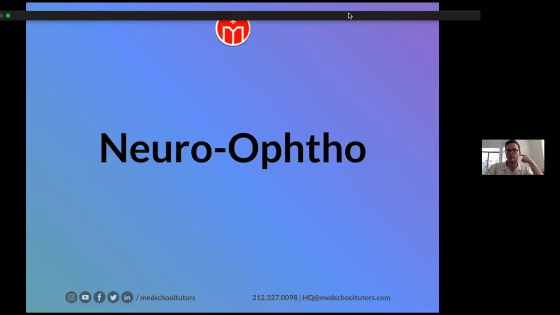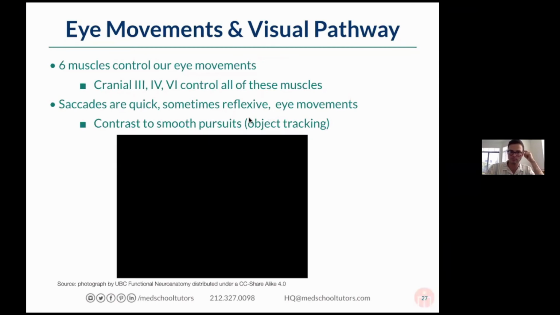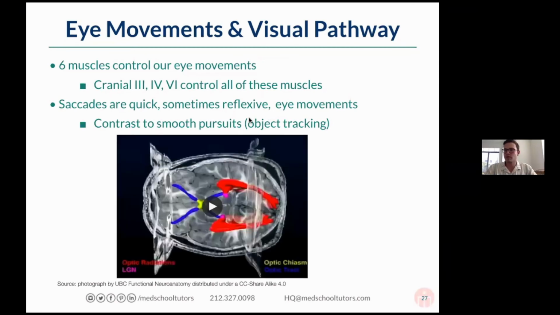All right, I would be remiss if I didn't touch on vision. Eye movements, right? I think we've covered this, but cranial nerves 3, 4, and 6 are going to control all of these muscles. 6, lateral rectus, and then 4, the trochlear nerve. I find it less helpful to think about what the muscles do and more helpful to think about what happens when the cranial nerves break.